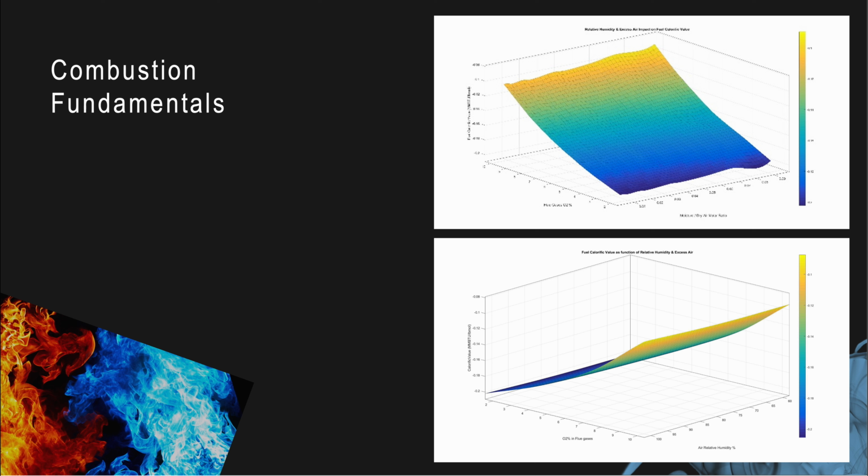And you can see as the relative humidity goes up, and of course excess air goes up, the fuel almost goes to zero. You're going to reach a point here, if you go beyond 10% excess air, or excess oxygen, sorry, where the fuel is pretty much non-existent, approaching zero. You want it to be as negative as possible, because that's how it's an exothermic reaction.